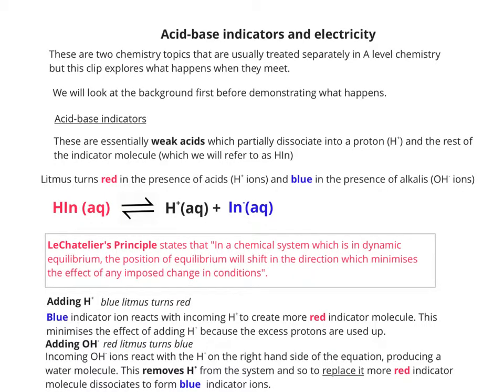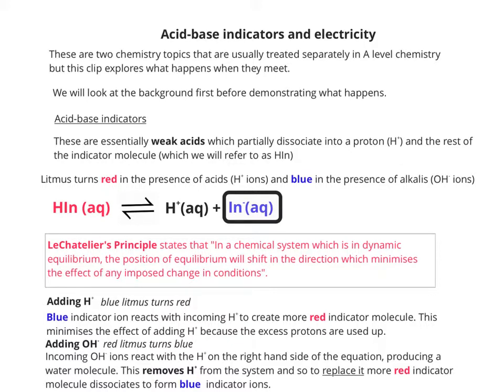If we add alkali in the form of OH-, the incoming OH- ions react with the H+ on the right-hand side of the equation, which I've now highlighted. So these are removed when they produce a water molecule. What happens to replace it is that the red indicator molecule on the left-hand side dissociates to form another H+ and an indicator ion.